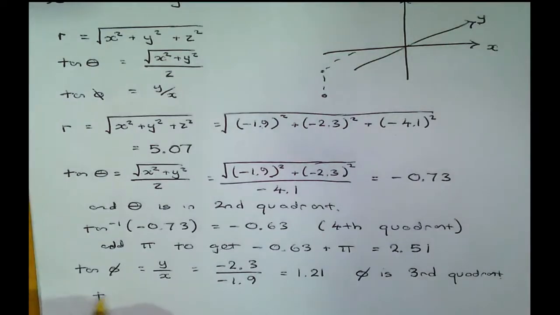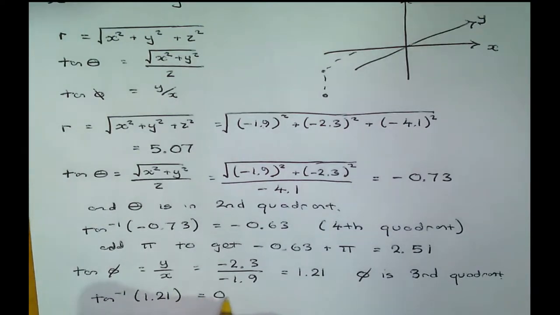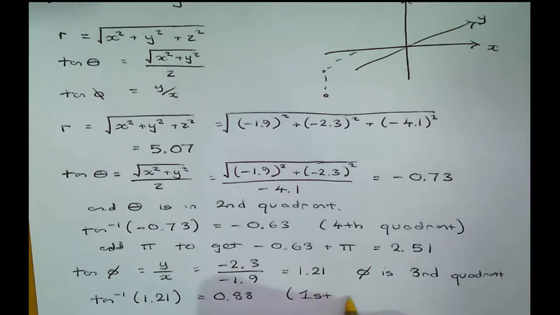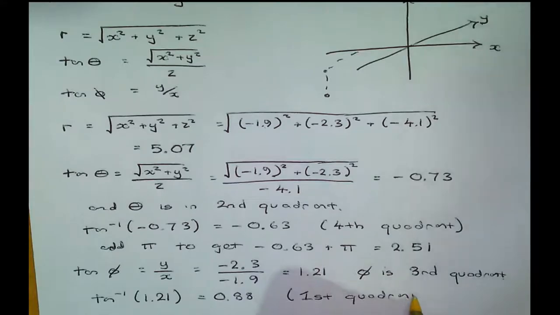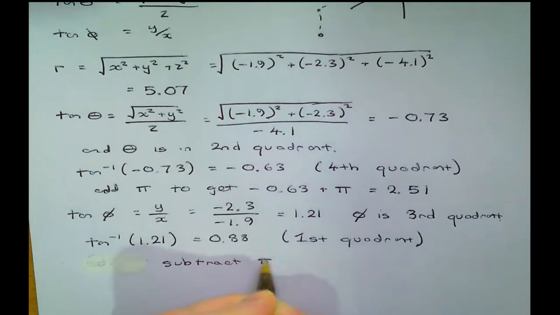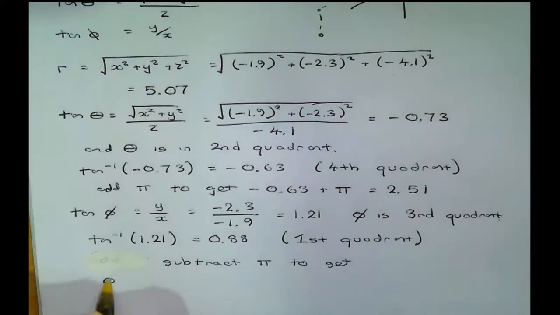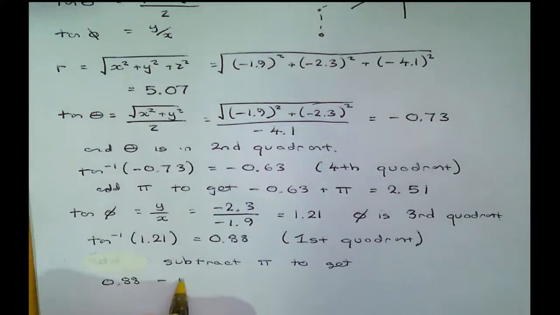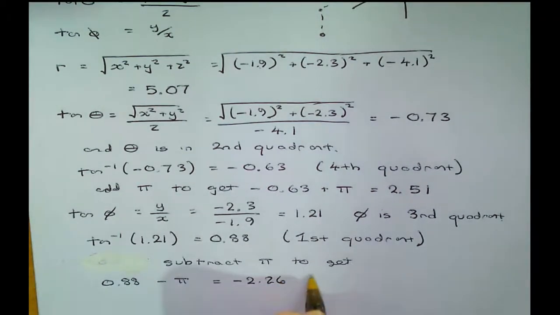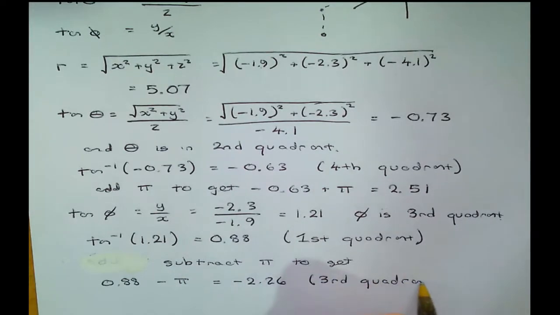Well, it turns out that the inverse tan of 1.21, that is given by 0.88. That is, of course, in the first quadrant. So let's subtract pi to get? Well, it'll be 0.88 minus pi. So it's minus 2.26 radians, which is, of course, indeed in the third quadrant.